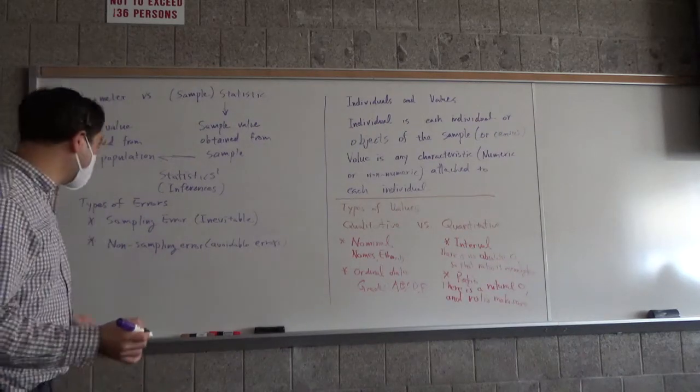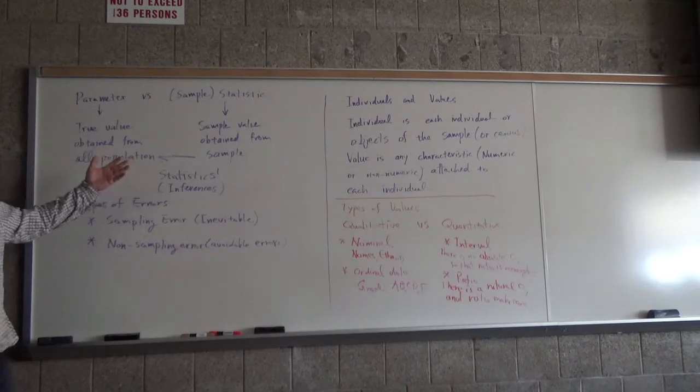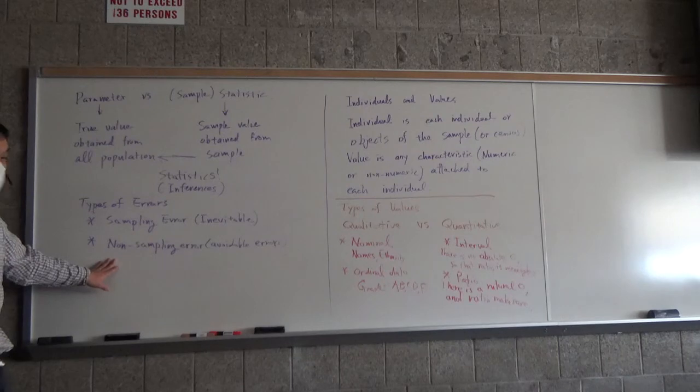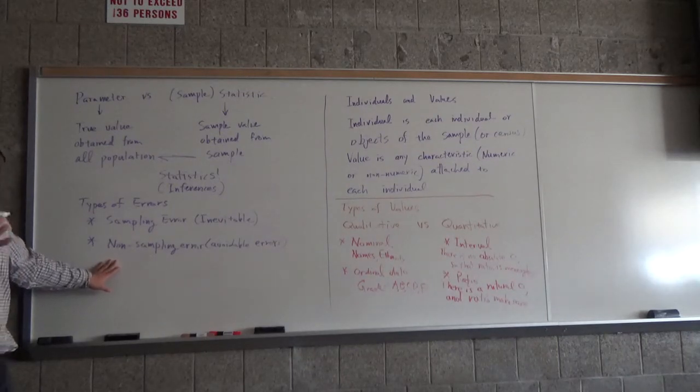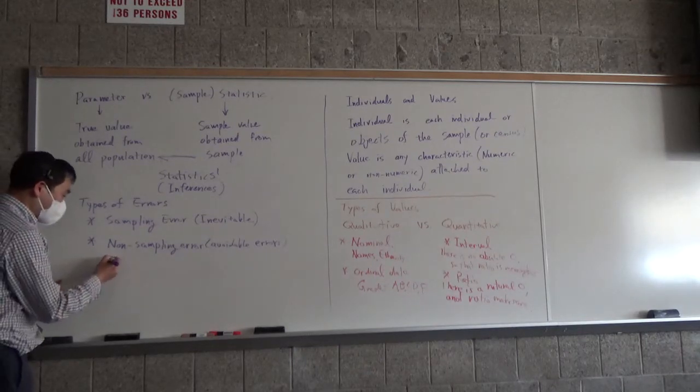Okay, so let's say you were really interested in the adult smoking population, and if your list of people contained cell phone numbers of 15, 16-year-olds, well, I know some of you still smoked at 16 years old or vaped or whatever, but if that wasn't the goal, then you shouldn't be including those individuals. So that would be non-sampling error: inclusion of the wrong people, inclusion of wrong individuals.